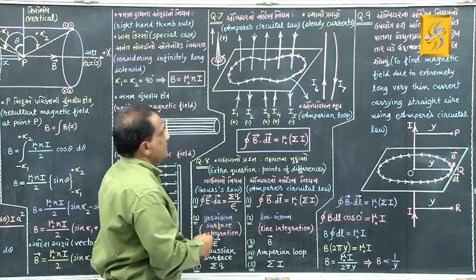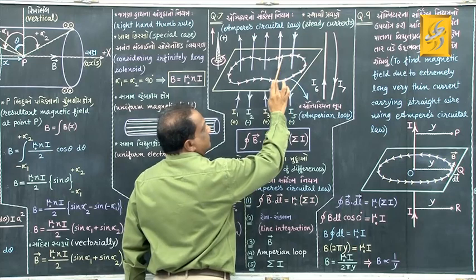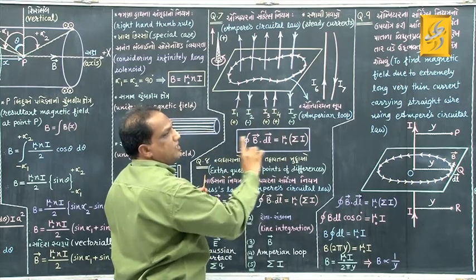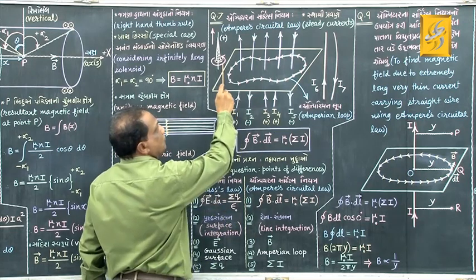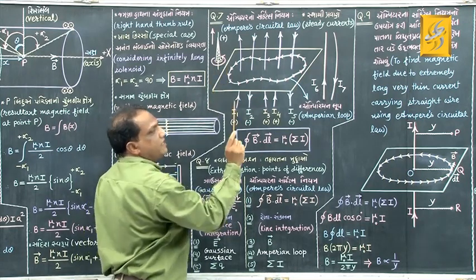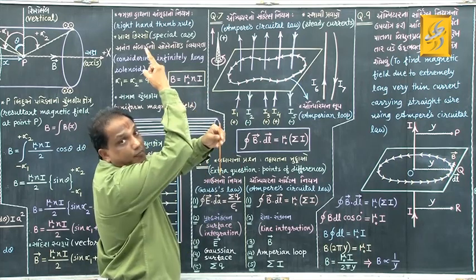And then, in the same manner in which you are taking the line integration, suppose this way, say clockwise, in the same manner you must rotate this right-handed screw, right? And when you do that, naturally, it will advance vertically upwards.